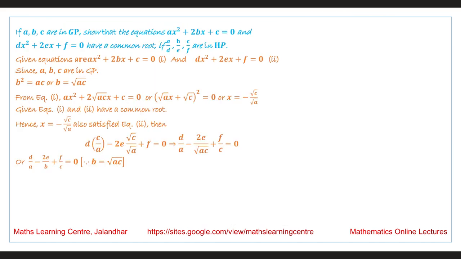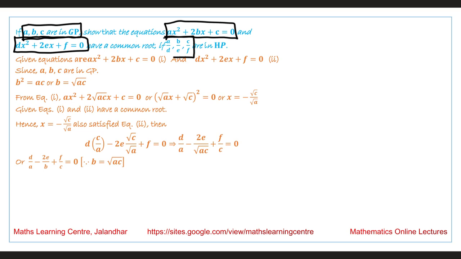Next: if a, b, c are in GP, three numbers are given to us, we have to show that the equations ax² + 2bx + c = 0 and dx² + 2ex + f = 0 have a common root if a/d, b/e and c/f are in harmonic progression.